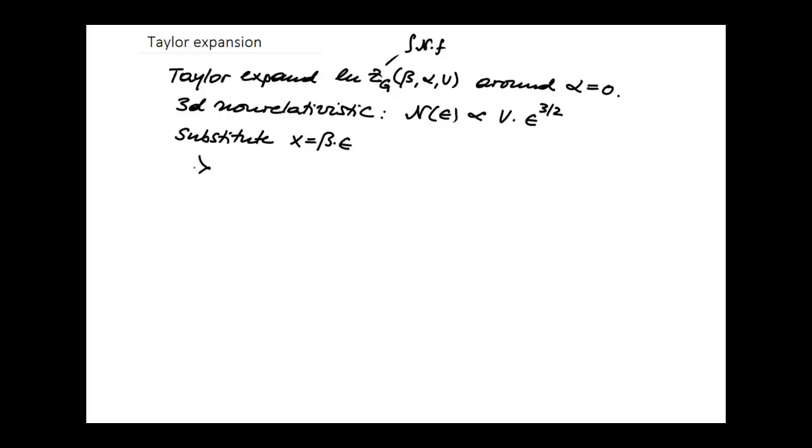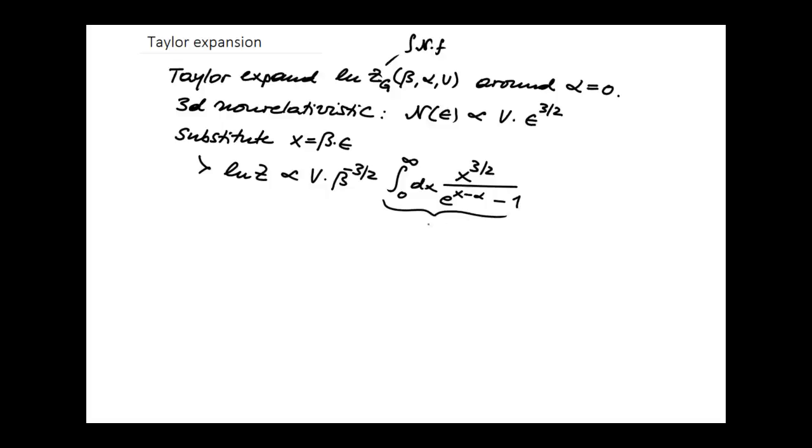And then we find the general formula still without Taylor expansion. We find that the log of this partition function is proportional to volume, beta to the power minus 3/2, and then we have an integral from 0 to infinity dx x to the power 3/2 divided by e to the power x minus alpha minus 1.